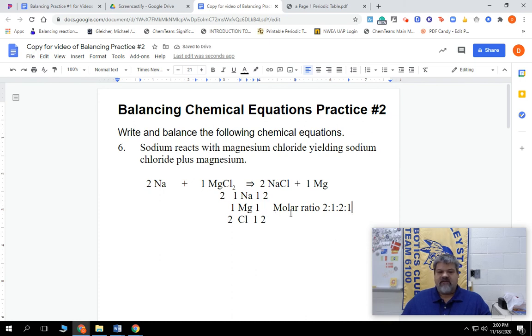So if you haven't figured it out by now, our molar ratio is our coefficients. Because again, that's the only thing that can change. I highlight it and look at it and say, okay, can I reduce it? Since I have ones in there, I cannot reduce, and we'll make it bold, and we'll go ahead and highlight it with our green. And there's our answer to problem number 6 of practice sheet number 2.